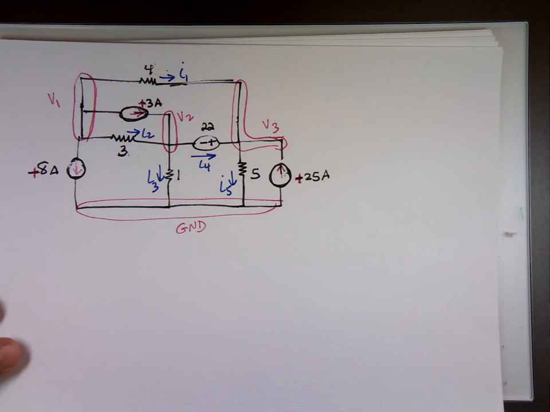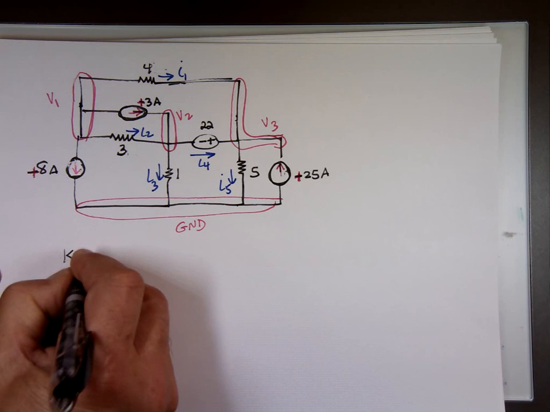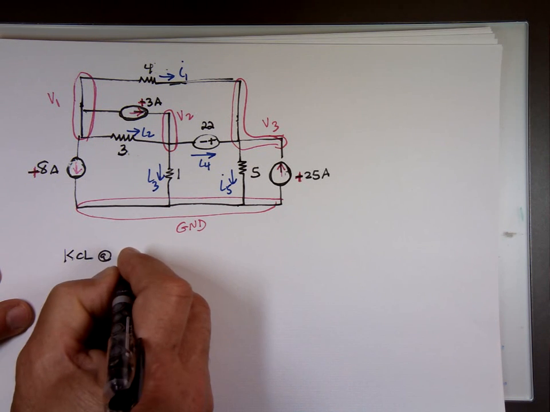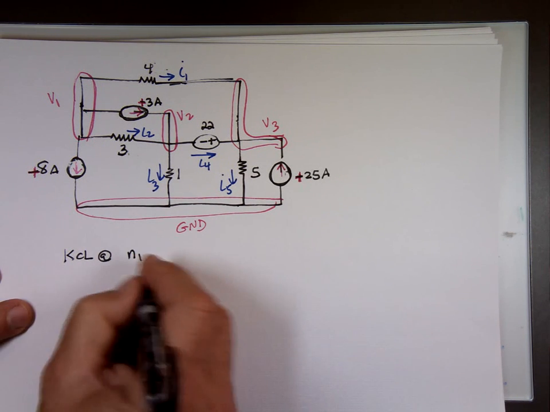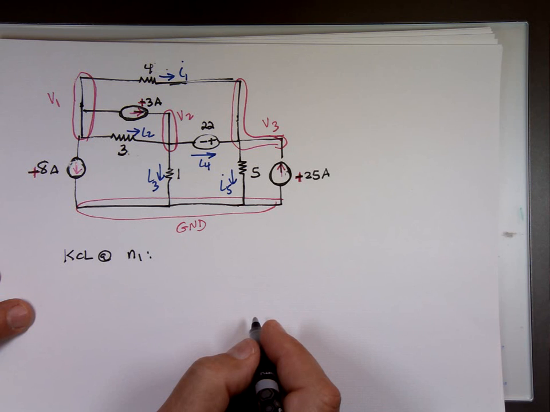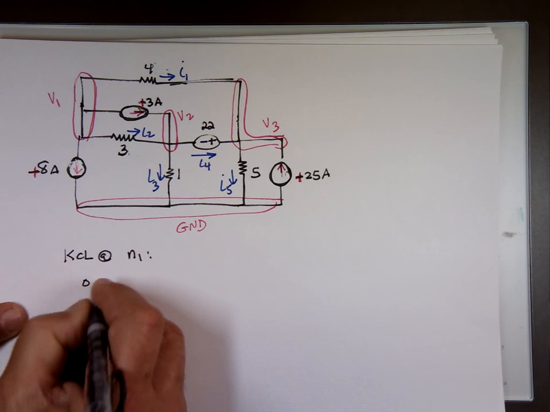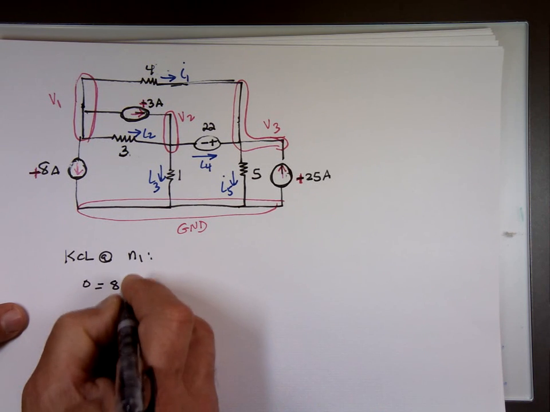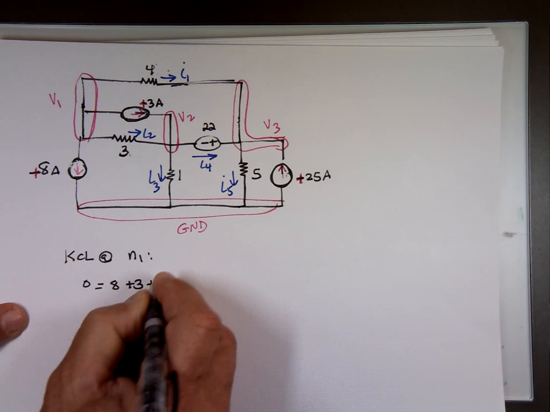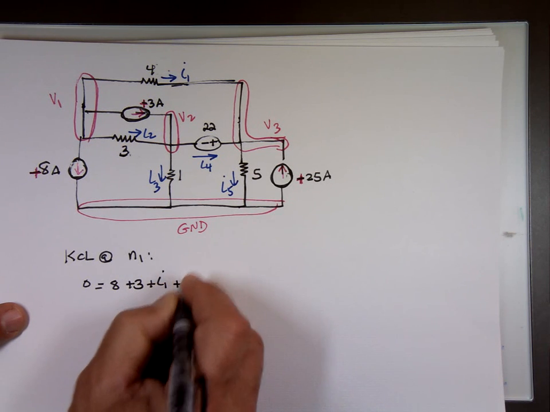So if I do KCL at node 1, that's where V1 is. What is the current going in? Nothing. What's leaving? 8 amps, the 3 amps, I sub 1 plus I sub 2, right?